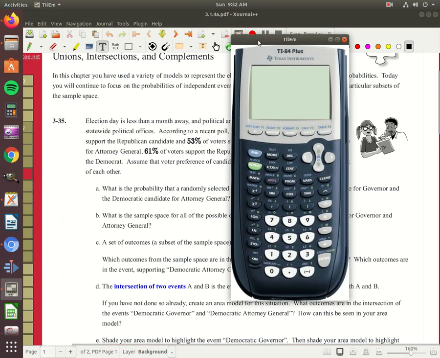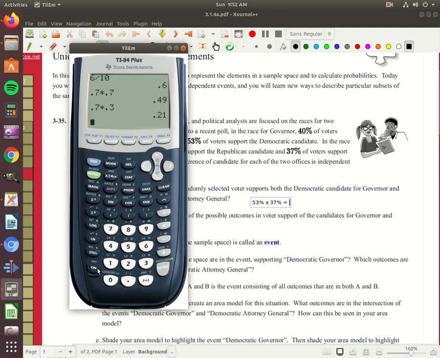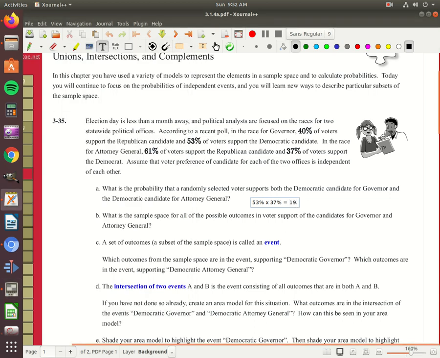And again, I'm going to say 0.53 times 0.37, and then I'll convert it back over. But it looks like 19.61%. 19.61% of people prefer both Democrats.